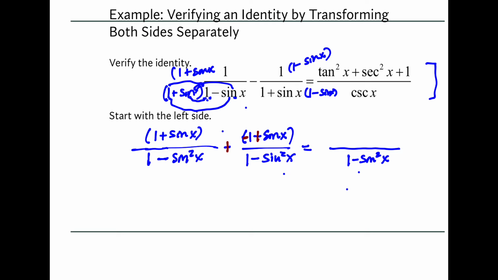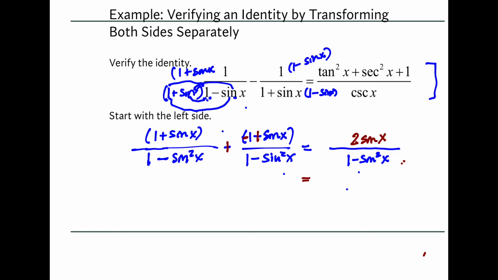So that gives me 1 plus negative 1, which is 0. But then we have sine plus sine, which is 2 sine x. We're adding those, we're not multiplying them. So 2 sine x. And on the bottom, what can I do with that?